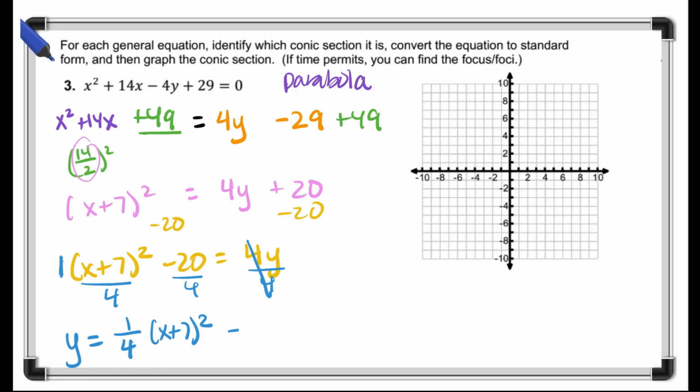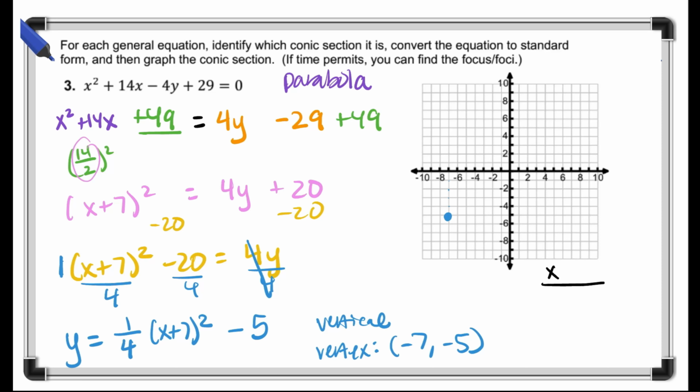And then we had minus 5 here. Now because this is y equals, this will be a vertical parabola, opening either up or down. So in this case, it will be opening up. My vertex here is going to be at -7, -5, so we can go ahead and plot that.